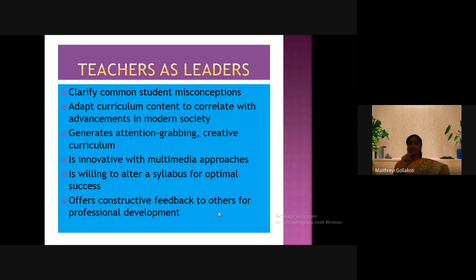Offers constructive feedback to others for professional development. This is also, I found, very helpful to my students because my students themselves told me that whatever feedback I give them at the end of the lab has always helped them to improve. And for that, for each and every performance, I keep a journal and I write, this is how you have performed. This is where you went good.